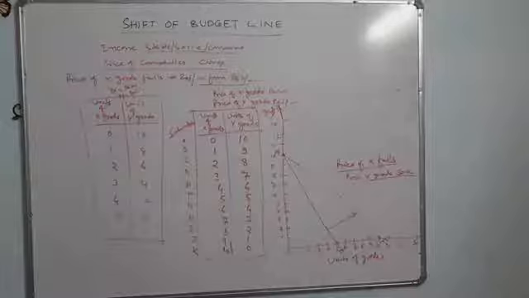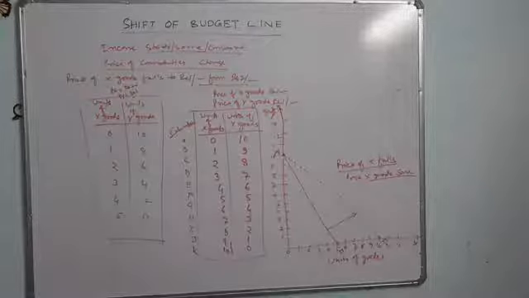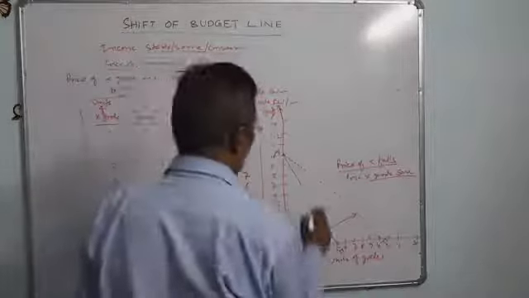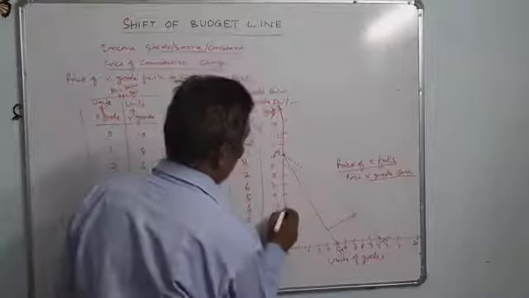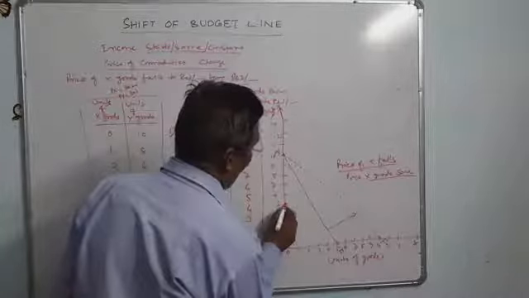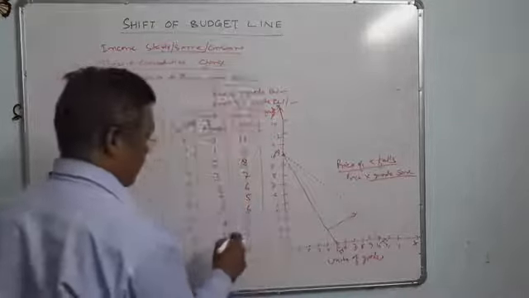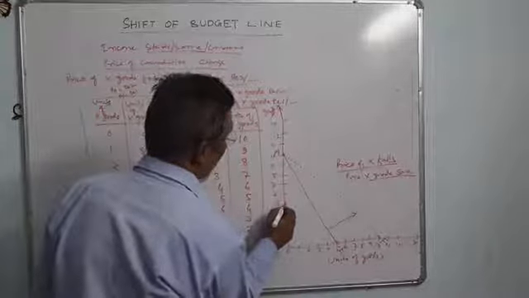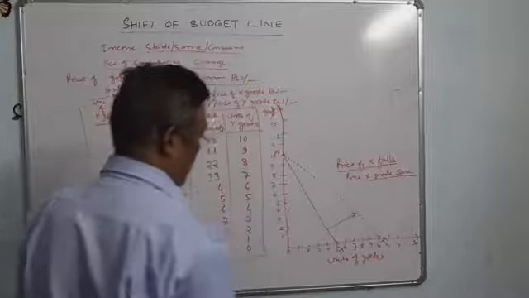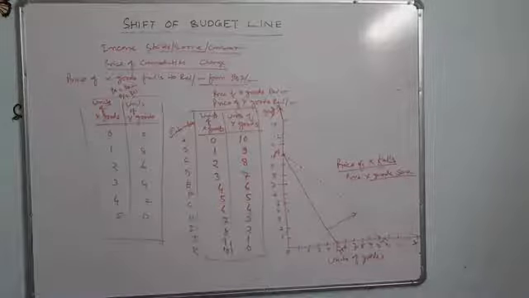Similarly, if the price of Y goods falls, it will be like this, which will be drawn in the next diagram.